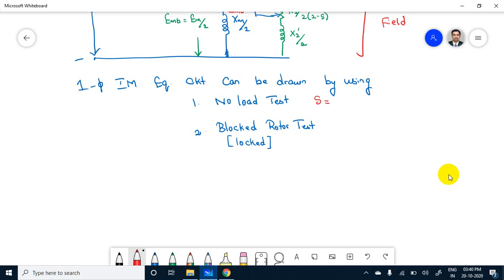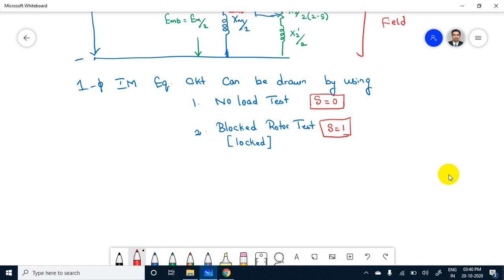For the blocked rotor we have to set S equal to 1. Okay, S equal to 0, S equal to 1.